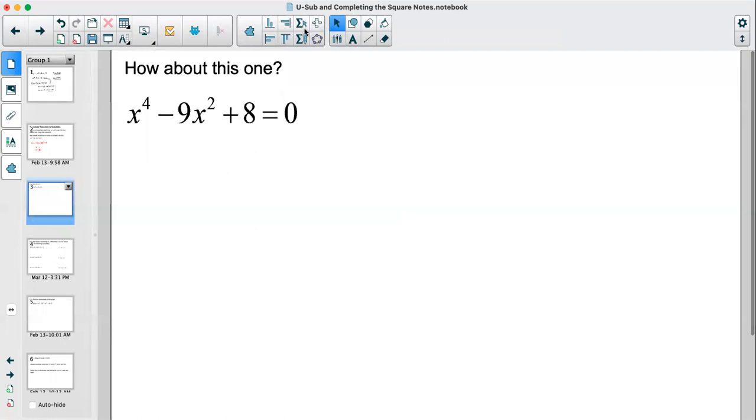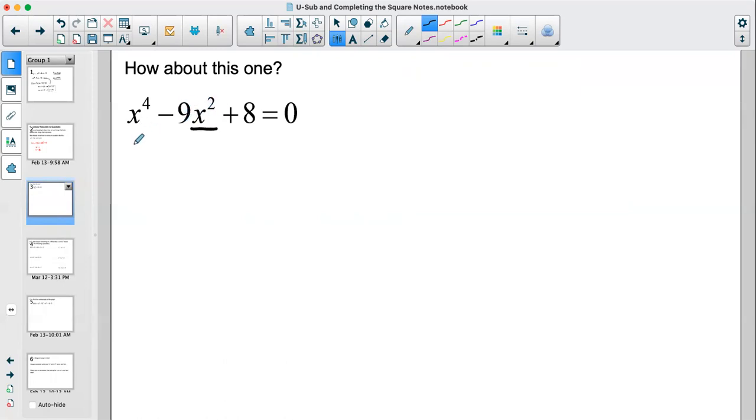And so what we're going to do is we're going to use something that I usually call U substitution, like the letter U, not like I'm substituting U personally. And I look and I see that this thing here multiplied by the number, the secondary thing, is x squared. And if I square x squared, I get x to the 4th.